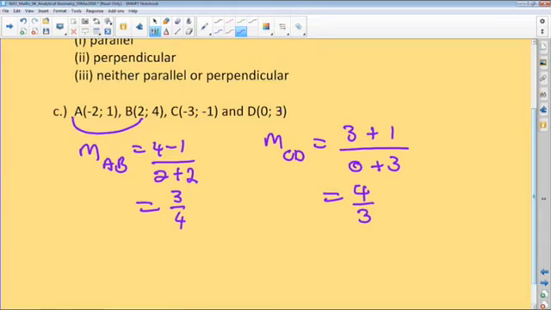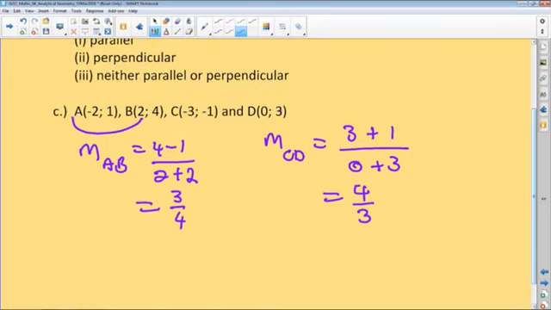You're getting 3 over 4. On the other side, you get 4 over 3. Condition number 1, if parallel, they share the same gradient. Okay, 3 over 4 is not the same as 4 over 3. Number 2, if the product of the two gradients is equals to -1, then it means that they are perpendicular.